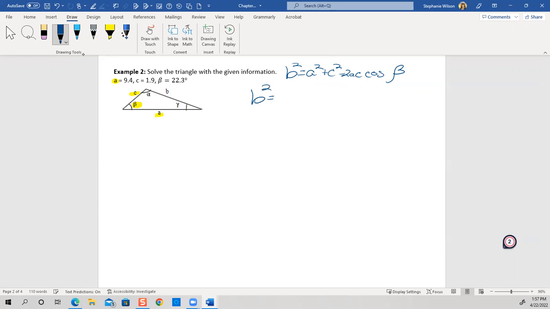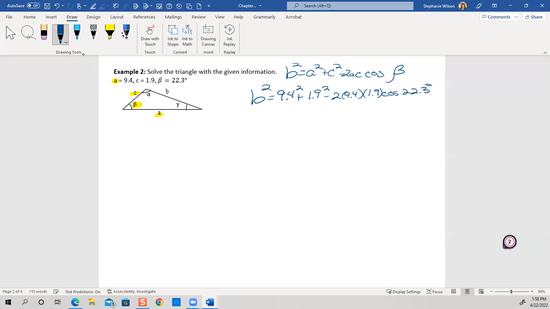So what I want to do is just plug in what I know. a is 9.4, so 9.4 squared plus 1.9 squared minus 2 times that a times that c, all times cosine of beta.